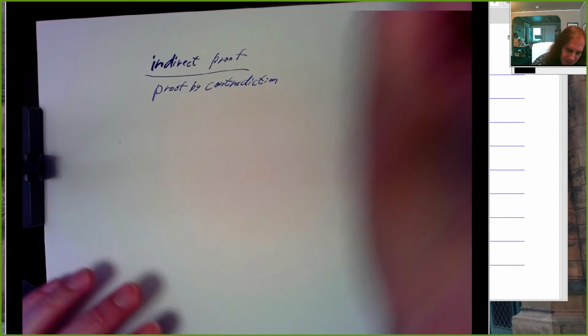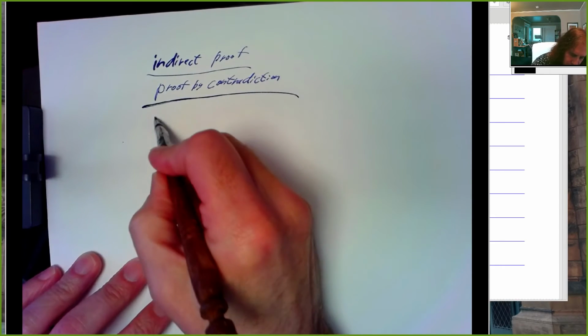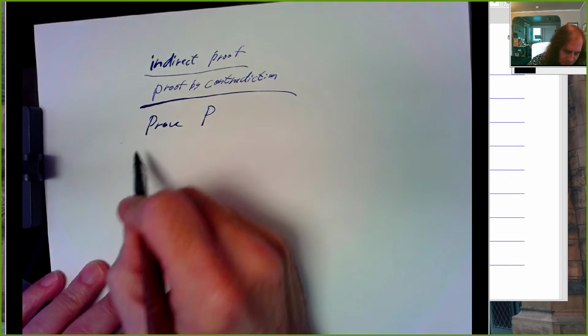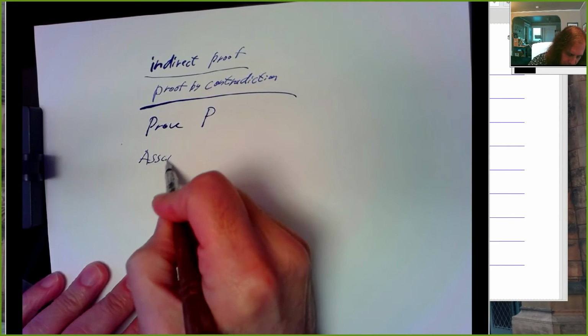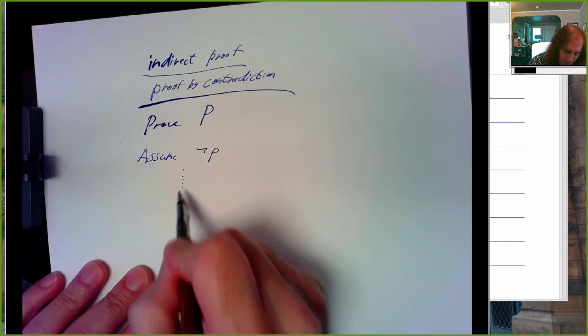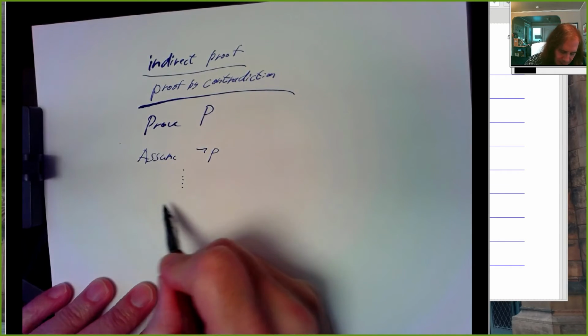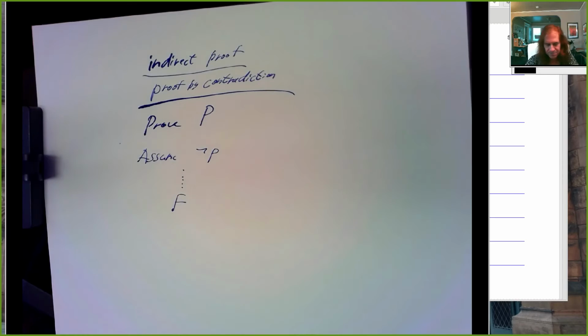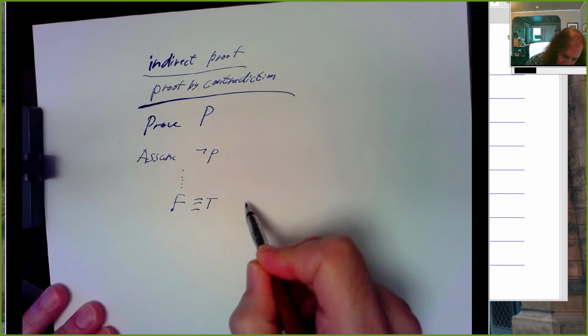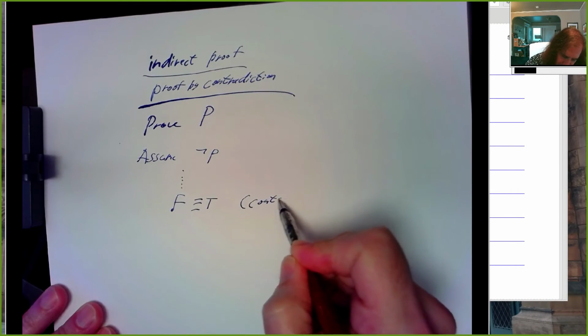So here's the idea. We want to prove some proposition P. Assume P is false, argue logically, and eventually come up with a proof that false is true. And that's a contradiction.